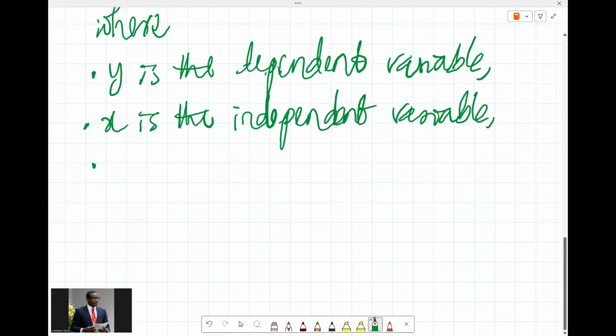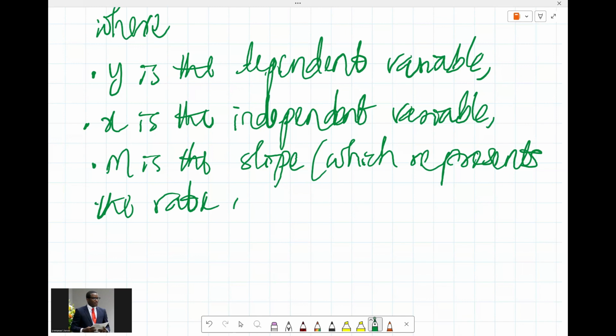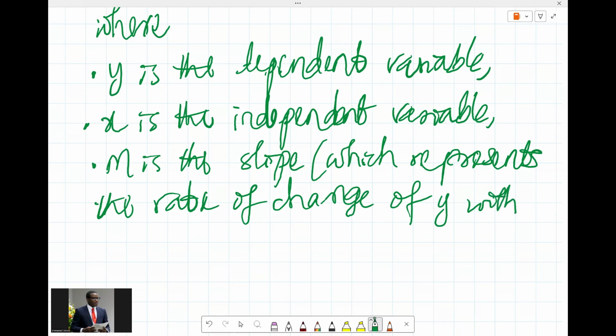Then we have m, which is the slope. M is the slope, which represents the rate of change of y with respect to x.